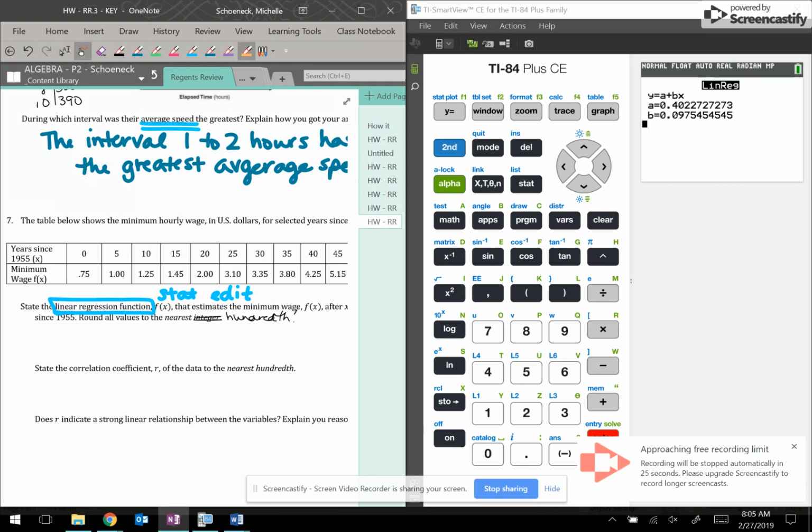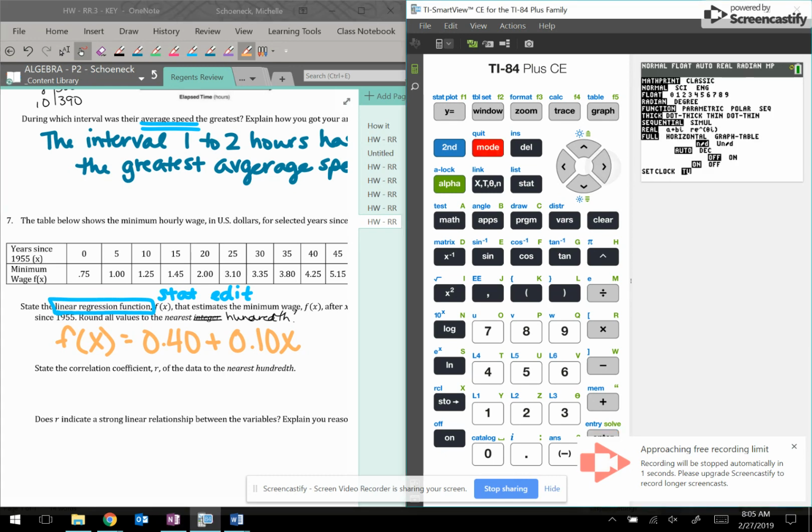We need f of x equals, and then our starting value is a, and we want to round it to the nearest hundredth, so 0.40 plus 0.10x, because 0.097 would round up to 0.10. Now, to get the correlation coefficient, we need to go into mode and turn on stat.